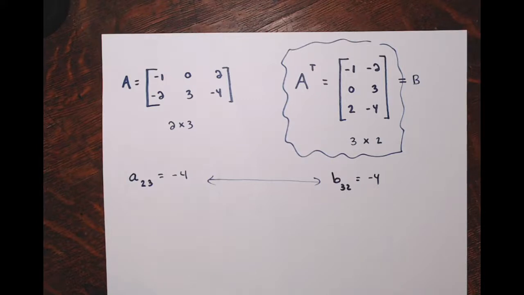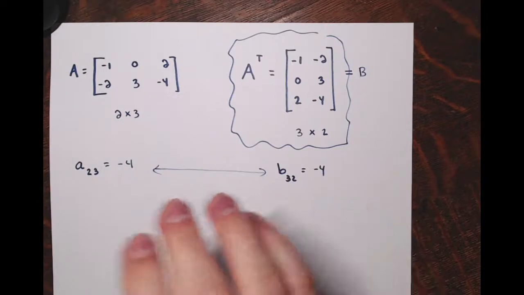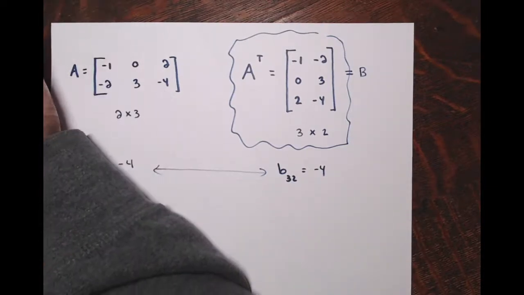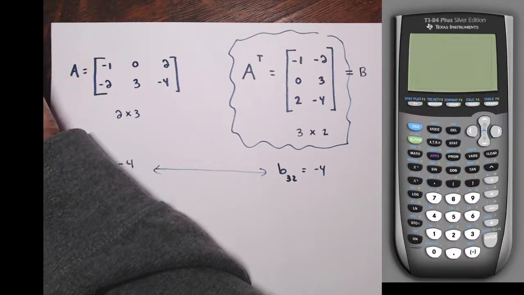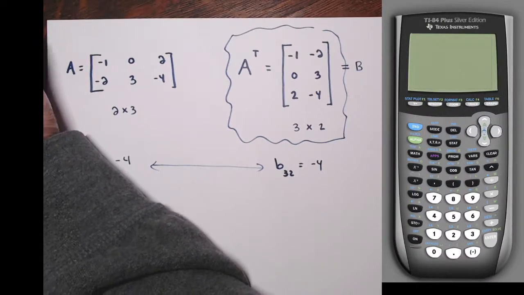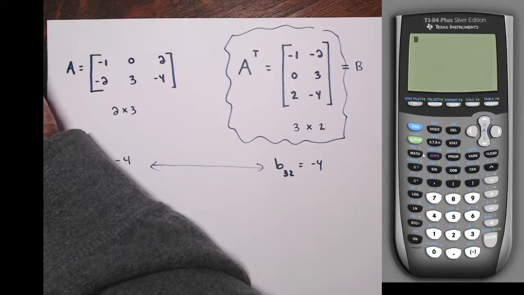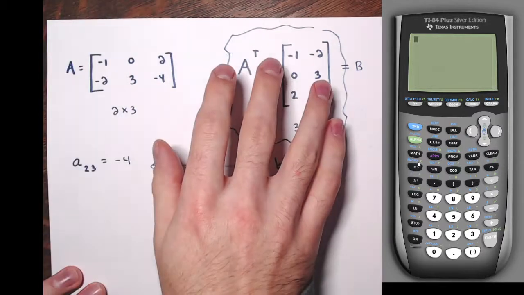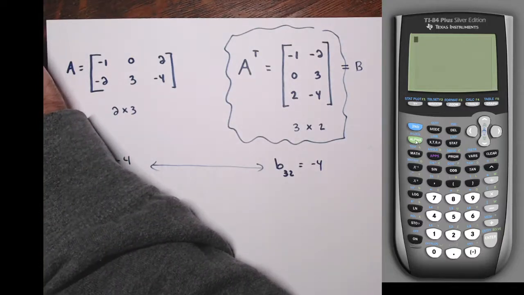Now, there's also a way you can do this on your calculator with entering matrices and getting the transpose. Let me show you that. Here I'm pulling up my emulator for the TI-84 Plus. Turn it on. If you want to enter a matrix into your calculator, if you have an 84 or 83, if you have something else, just Google it.